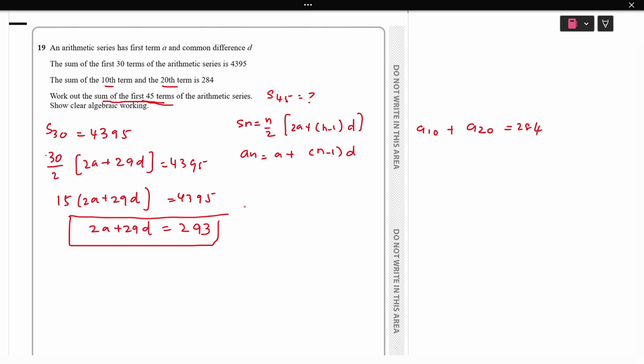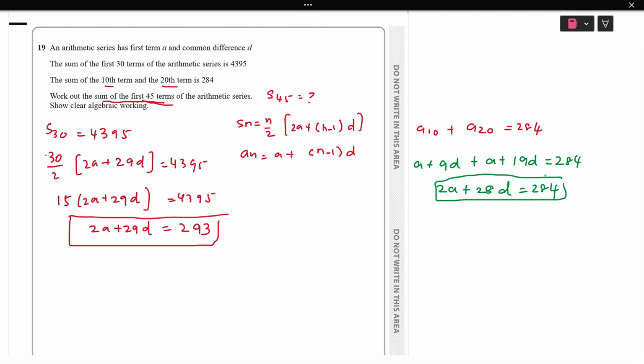Okay, so next I'm going for A10 and A20. A10 is a plus 9d, plus A20 is a plus 19d, equal to 284. So 2a plus 28d equals 284. This is my second equation.